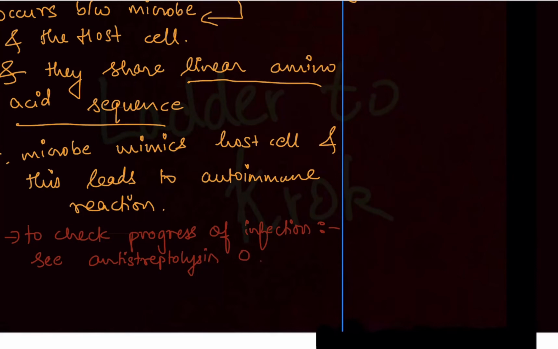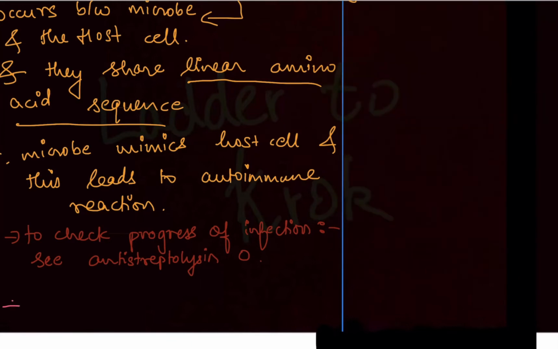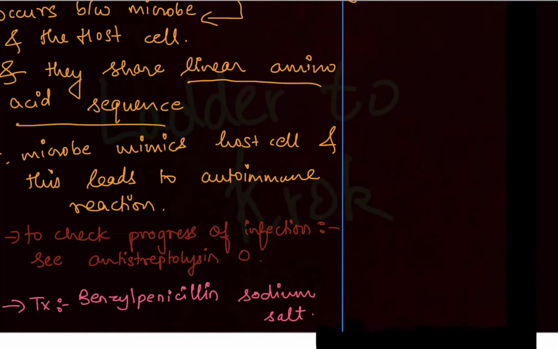So we look out for this anti-streptolysin O to check for the progression of the infection. Lastly, the treatment: it is a bacteria, so we will be using antibiotics. Specifically, the treatment includes an antibiotic which goes by the name benzyl penicillin sodium salt.